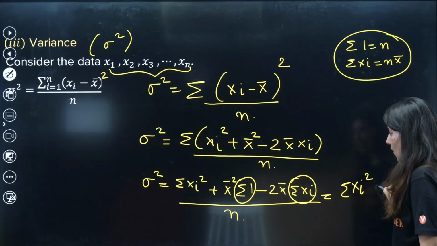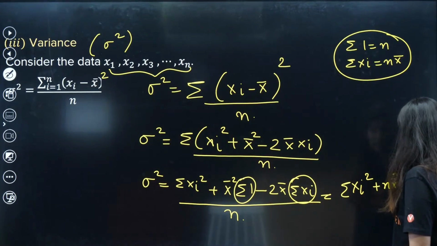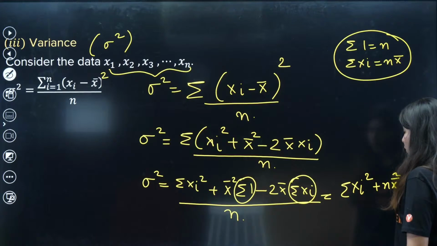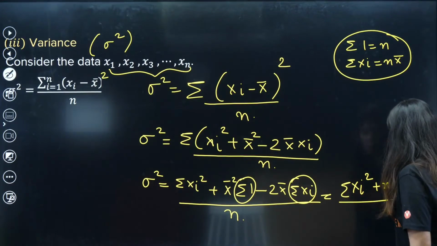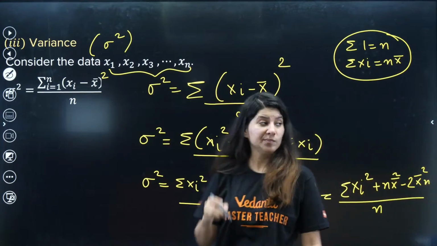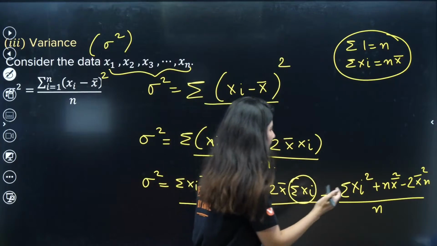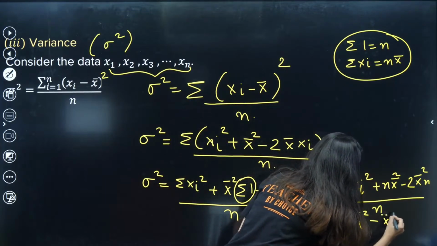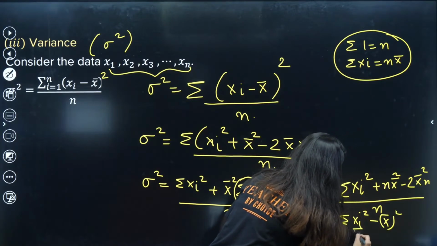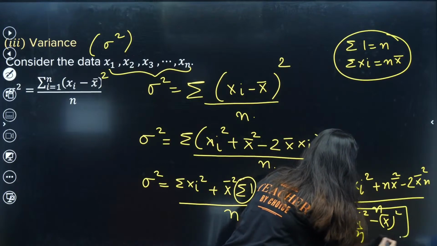So sigma xi square plus n x bar square, right, minus 2 x bar square n, upon n. Can you see this? What is this? N x bar square minus 2 x bar square n is nothing but sigma xi square upon n minus x bar square. This is your sigma square. This is your final answer.